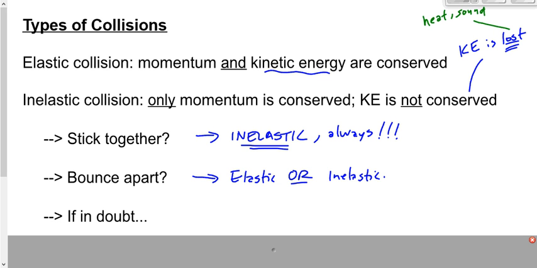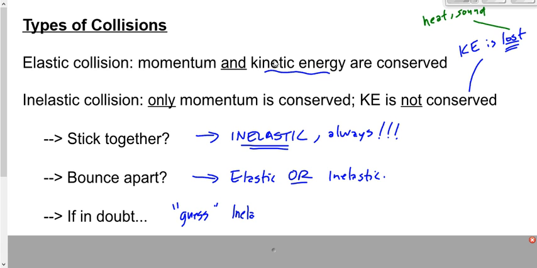Now remember this as well. I want you to be able to determine with 100% certainty whether it's elastic or inelastic. But if you can't, if you're just not sure, if in doubt, you should guess, make an educated guess, inelastic.